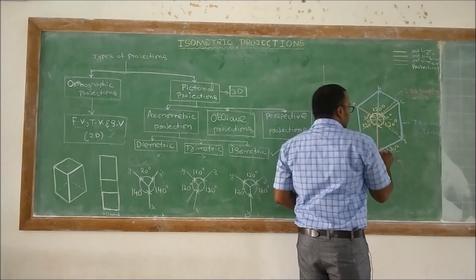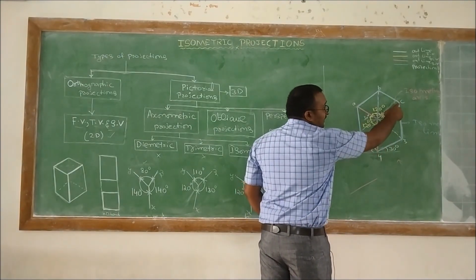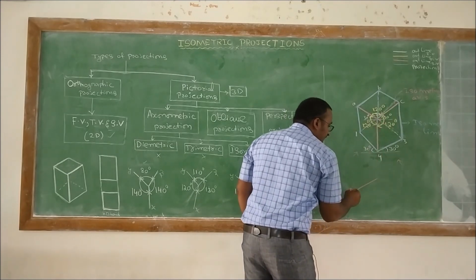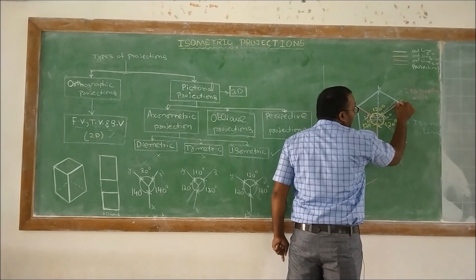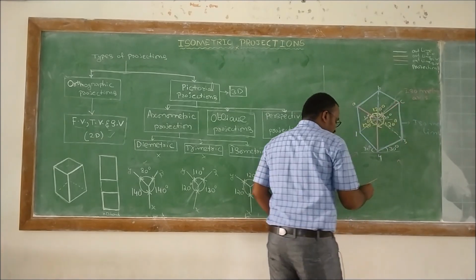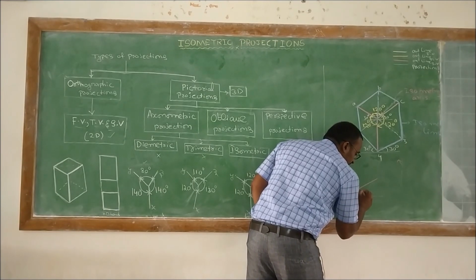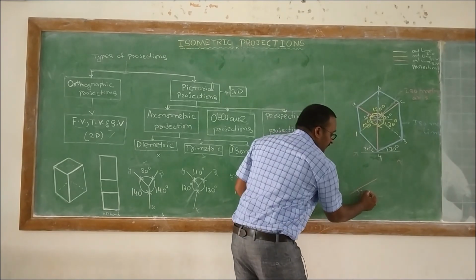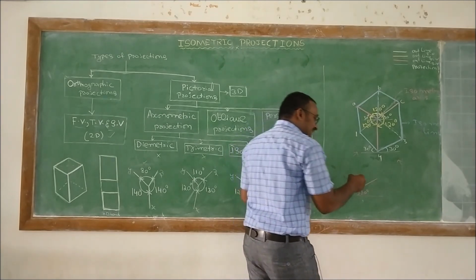So here, let us say this is the axis, so I am going to take it out at an angle of 30 degrees, right? Then this diagonal will be the same. So this is the isometric length of the given problem.